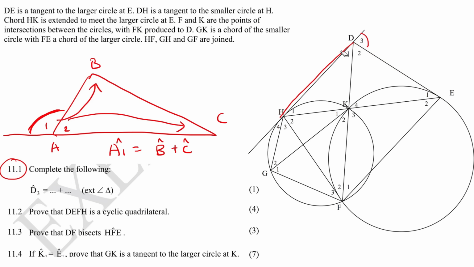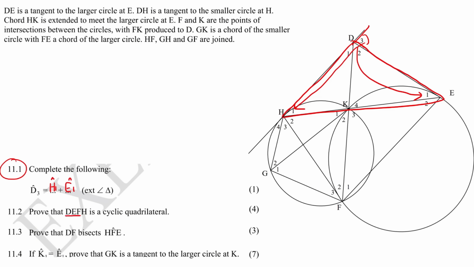So if D3 is an exterior angle, then it would have to be the exterior angle of this triangle there. It's the exterior of that triangle. So D3 would then have to be equal to H1 plus E1. And then we must just put these little angle symbols.